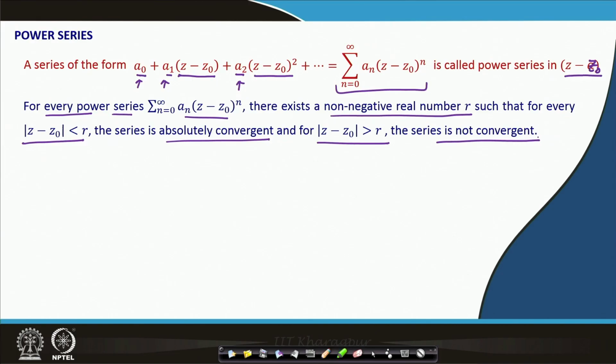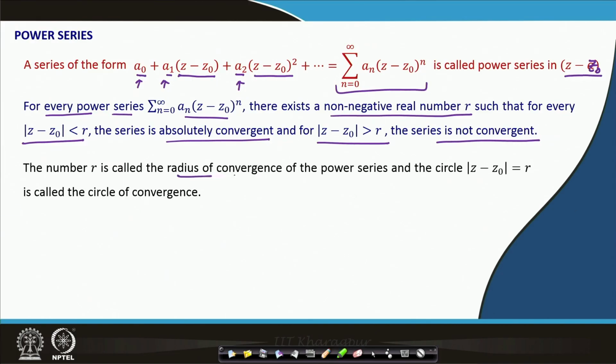This number r is called the radius of convergence of this power series, and the circle |z minus z0| equal to r is called the circle of convergence.